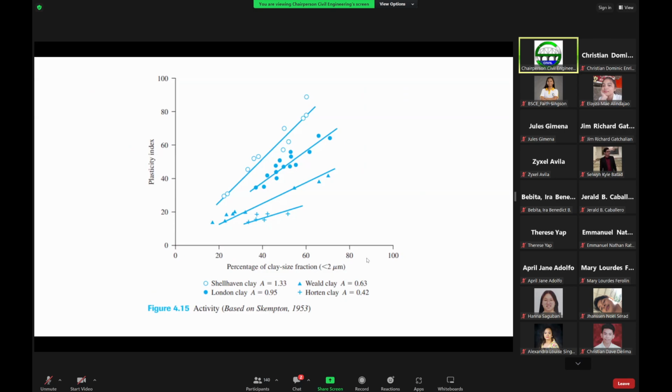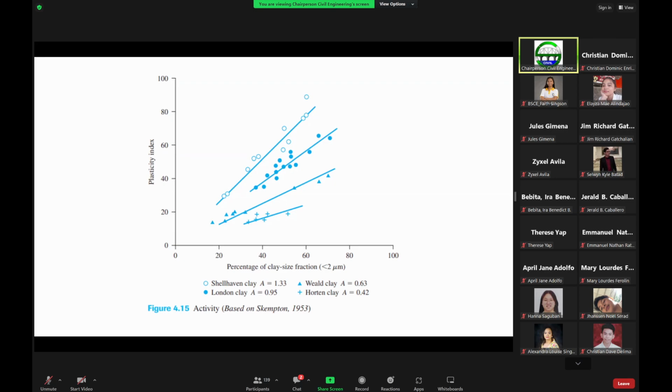And then here we plot the plasticity index. Here we have 4 plots for a Shellhaven clay, a London clay, a Weald clay, and a Horton clay. If you notice the names here, these are foreign names because normally we call them the temperate countries, countries with 4 seasons, such as London and Holland, for example, or these European countries.